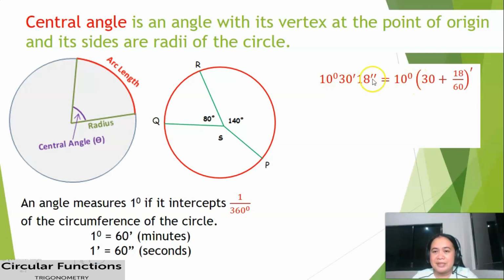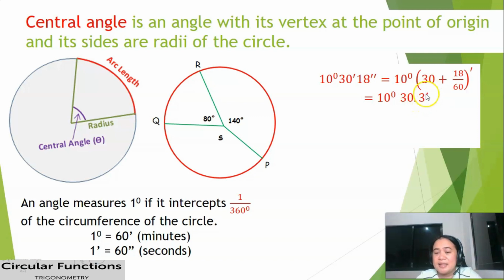This is 10 degrees 30 minutes 18 seconds. The 18 seconds is just the same as 18/60 minutes. Simplifying this, 18 divided by 60 is 0.3, so that would be 10 degrees and 30.3 minutes.